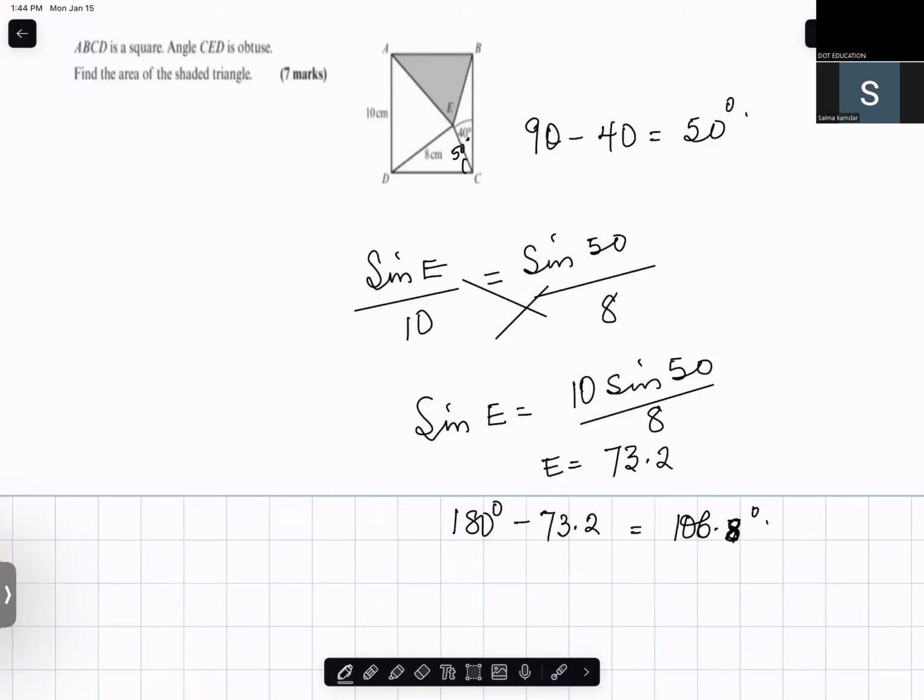Okay, so using that angle, I mark my obtuse angle here, which is 106.8. Then I can look for my angle ACD. Having that, I'm having 180 minus 106.8 and 50 degrees.